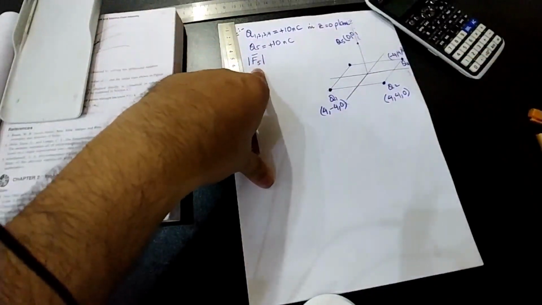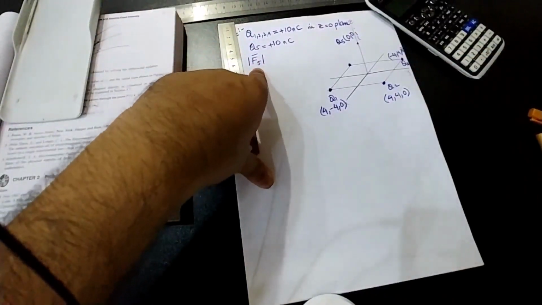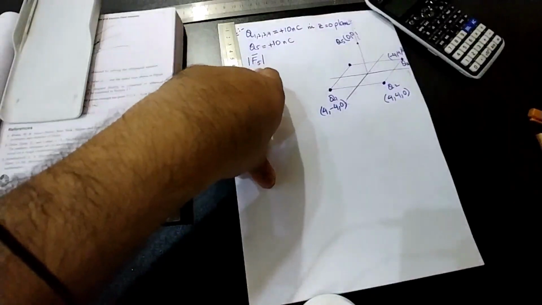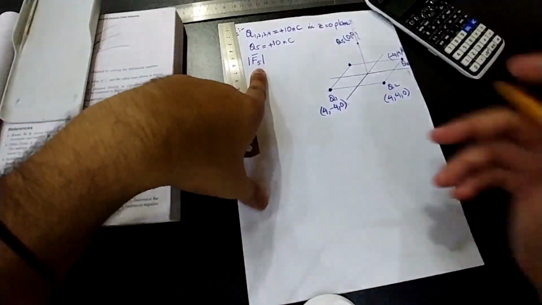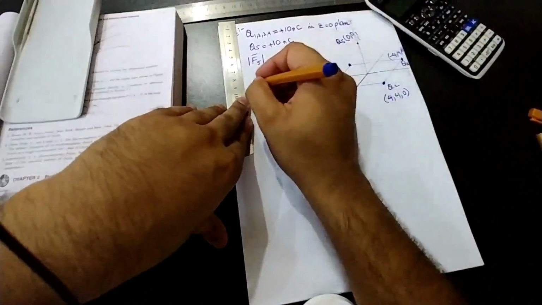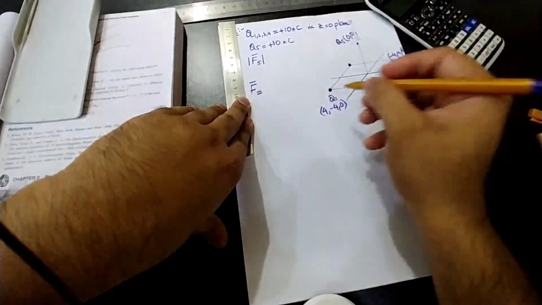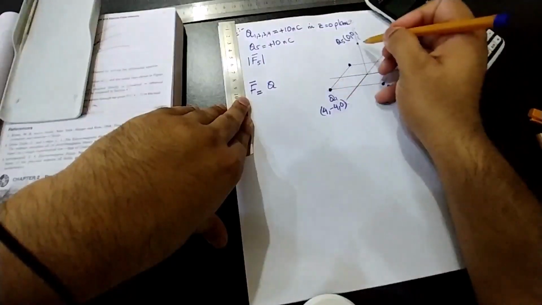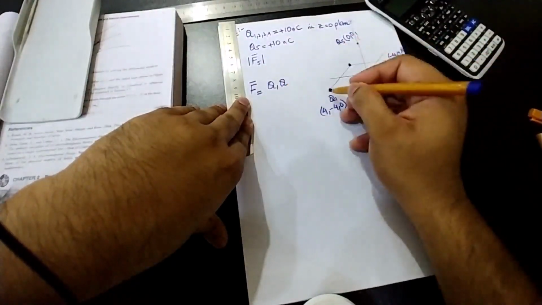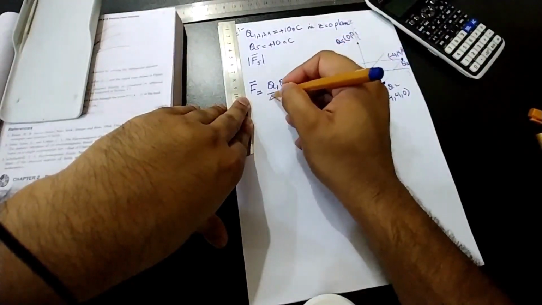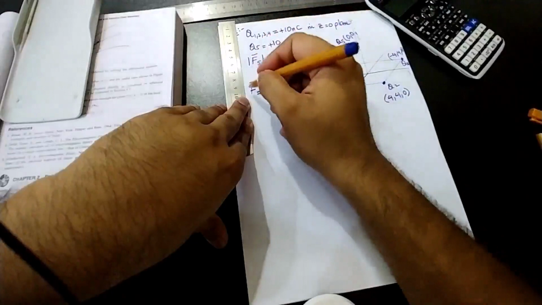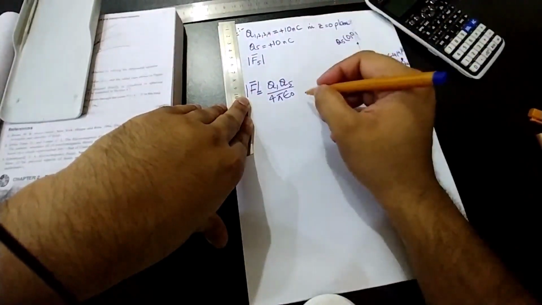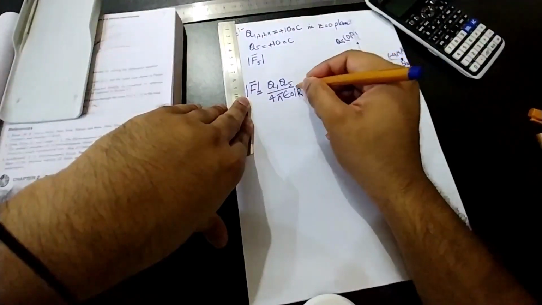Although it is apparently asking us to find the force on Q5, and the magnitude alone, if I just take this distance and use the formula for Coulomb's law, the force due to the first point charge Q1 on this point charge Q5 is Q1 Q5 divided by 4 pi epsilon naught, and since I am asked to find the magnitude, this is the magnitude, divided by the distance between the source point and the field point squared.